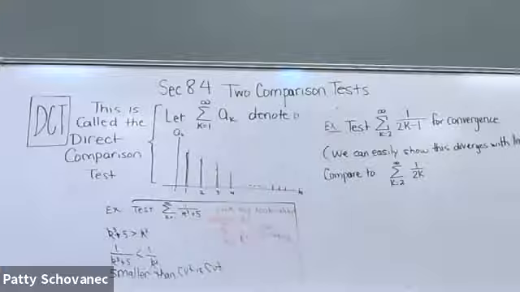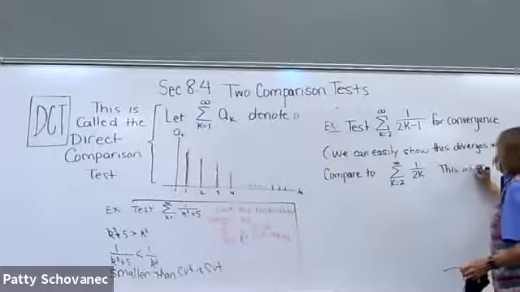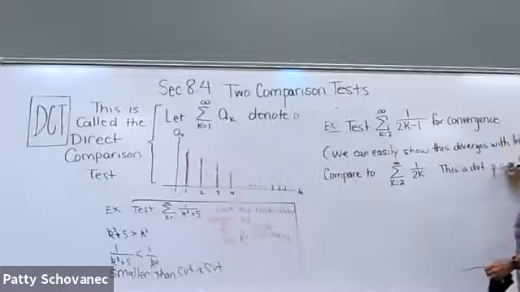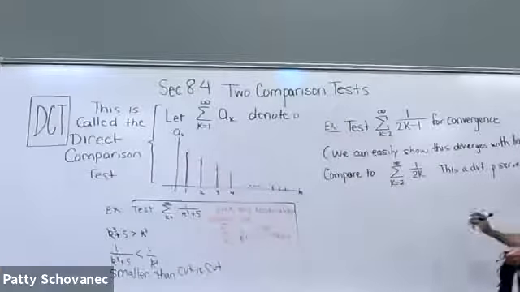What kind of p series is this one? P is 1. A p series when p is 1 or smaller diverges. Right? This is a divergent p series. So now we're going to compare the sizes of the general term.